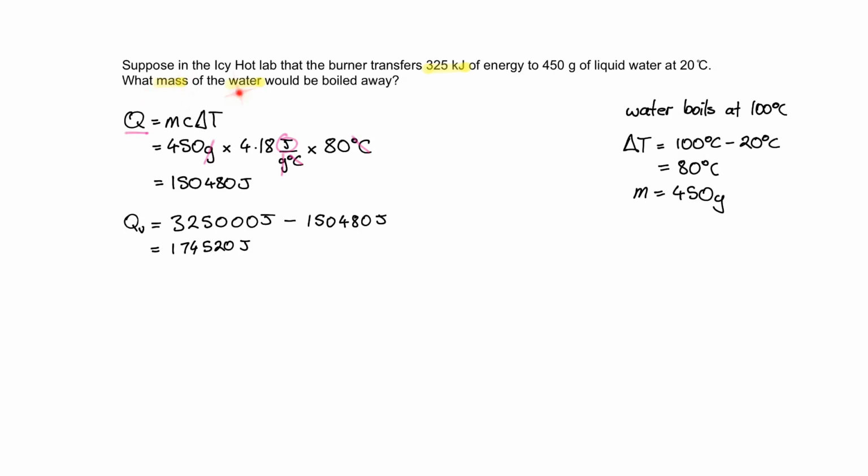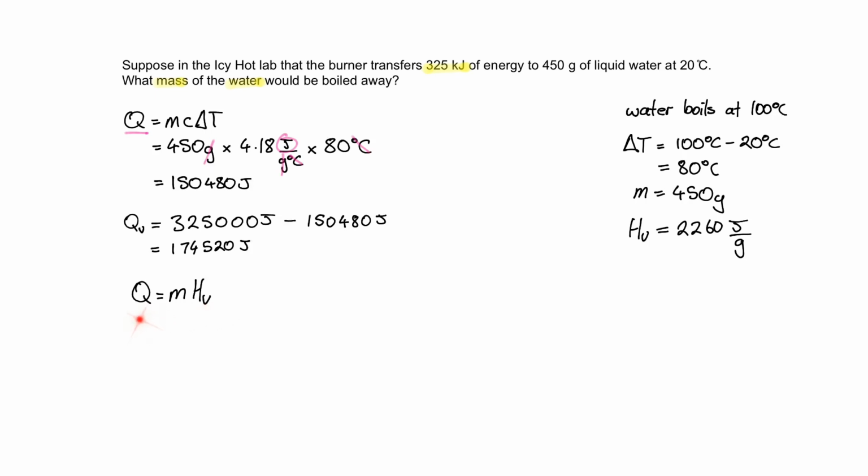Now we can actually work on the part of the problem that's asking for. What is the mass of water that has been boiled away? Well, we know an equation, which is Q is equal to mHV, where HV is equal to the vaporization energy needed to turn liquid water into a gas, which is 2,260 joules per gram.